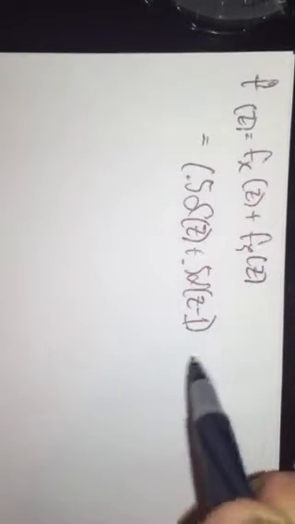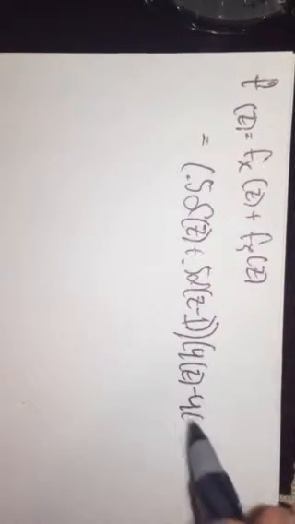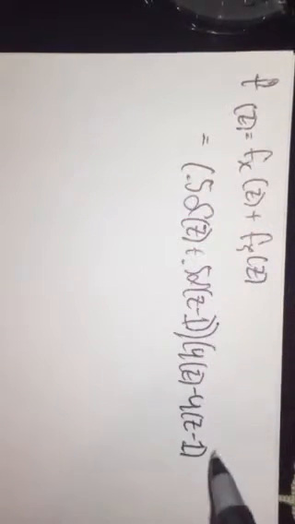So f of z equals f of x of z convolved with f of y of z. So that equals 0.5 delta z plus 0.5 delta z minus 1, times the quantity of u of z minus u of z minus 1.